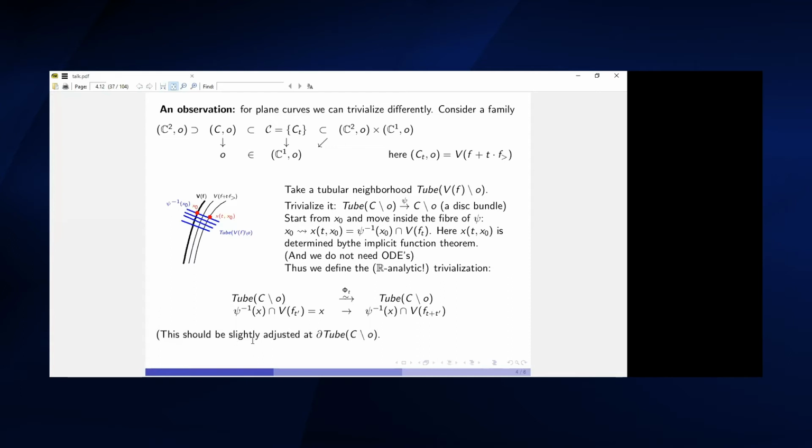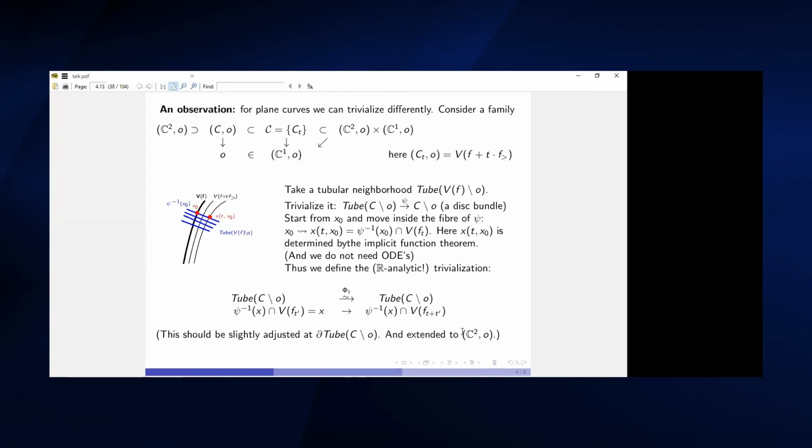Now, this should be slightly adjusted because you see we have here t plus t prime, so very quickly we get out of the tubular neighborhood. So this should be slightly adjusted at the boundary by some bump functions. And then we should extend it to the origin, to the whole germ of C2.